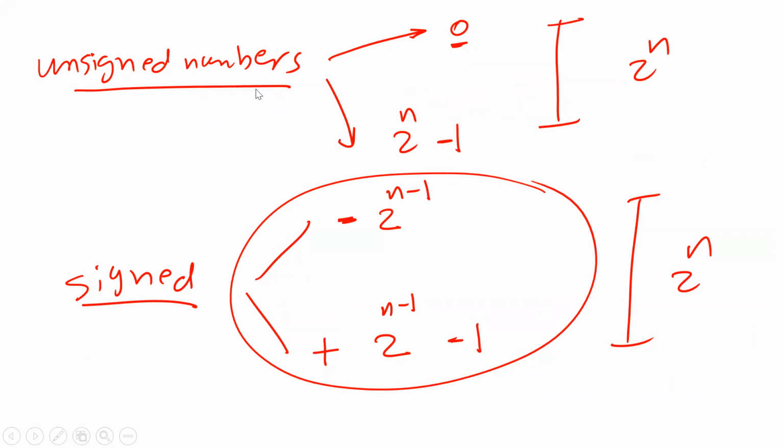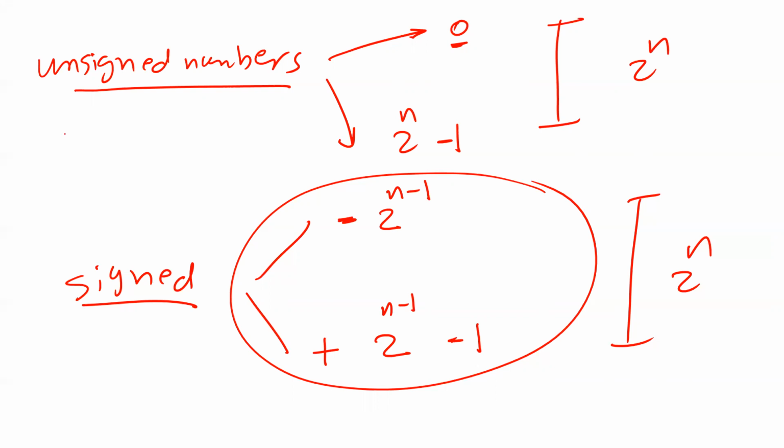Very easy. Listen to me. How many numbers do I have? 2 to the power n. So I can represent from 0 until 2 to the power n minus 1, because all the numbers I have are 2 to the power n. The first one is 0, so the last one should be 2 to the power n minus 1. Is that okay?